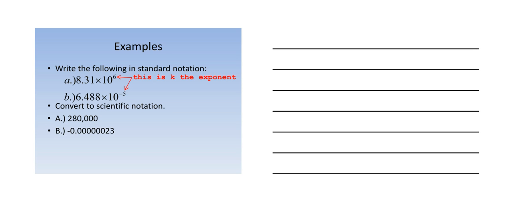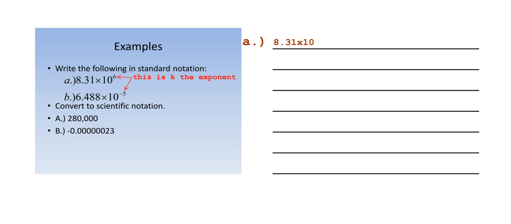So examples, write the following in standard notation. For A, we have 8.31 times 10 to the 6, and for B, we have 6.488 times 10 to the negative 5. And once again, be aware that the 6 and the negative 5 are the k's, or exponents, that define the number size.